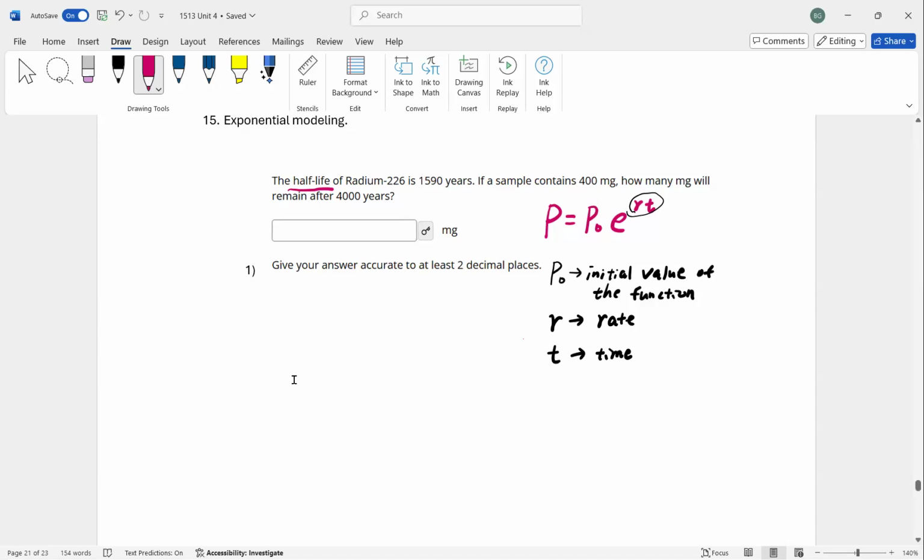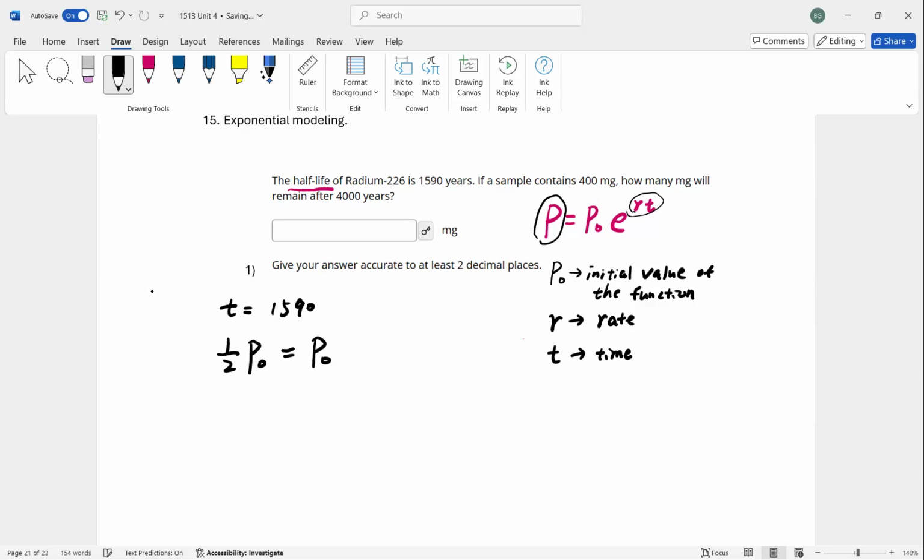Okay, let's see how we use the first sentence to find some information. The half-life is 1,590 years. So we can do this. When t equals 1,590, the weight of the substance P would be, sorry, half of P sub 0, okay?